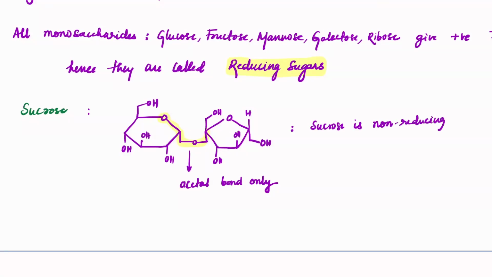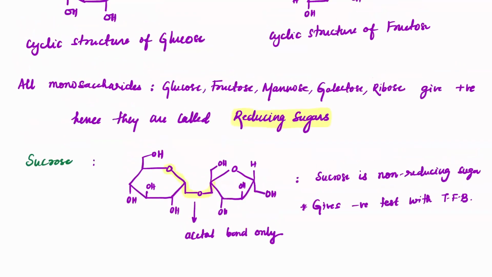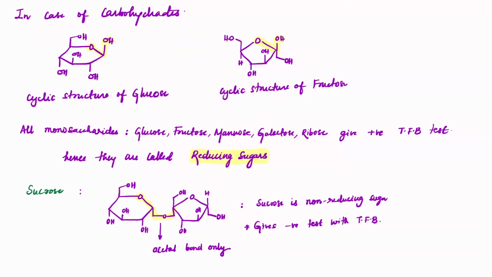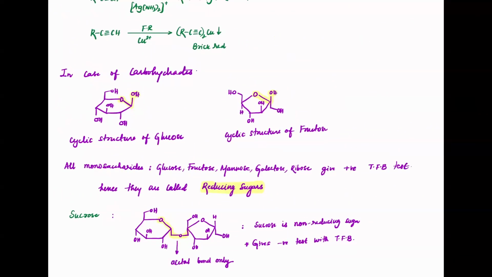A non-reducing sugar gives a negative test with Tollens, Fehling's, and Benedict. This is what you will observe with sugars, everybody. In fact, more detail about sugars and their reactions we will anyway learn in biomolecules. For now, this is how much information you need to know about Fehling's, Tollens, and Benedict solution.